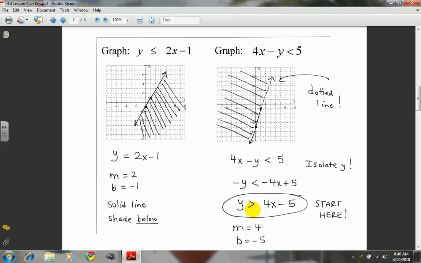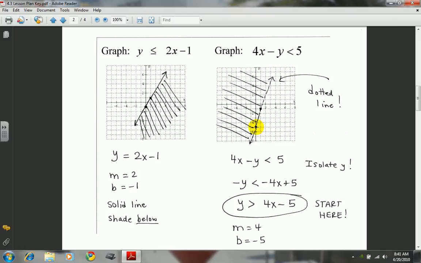So we're really graphing y is greater than 4x minus 5. b is negative 5, m is 4. Greater than means that since there's no equals, it's a dotted line, and we shade above. I start at negative 5. Remember, b is always on the y-axis.